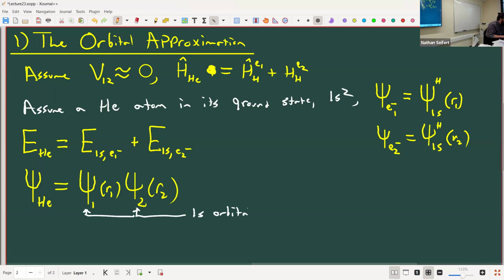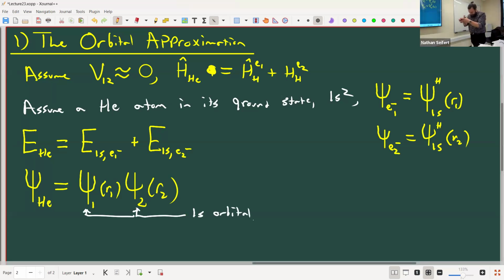So when you have a system, and we saw this when we did normal modes for vibrations, if you have a bunch of different degrees of freedom, here the degrees of freedom are the 2 electrons, a bunch of non-interacting degrees of freedom, then the total energy is just the sum of the individual energies, and the wave function is the product of the individual wave functions.